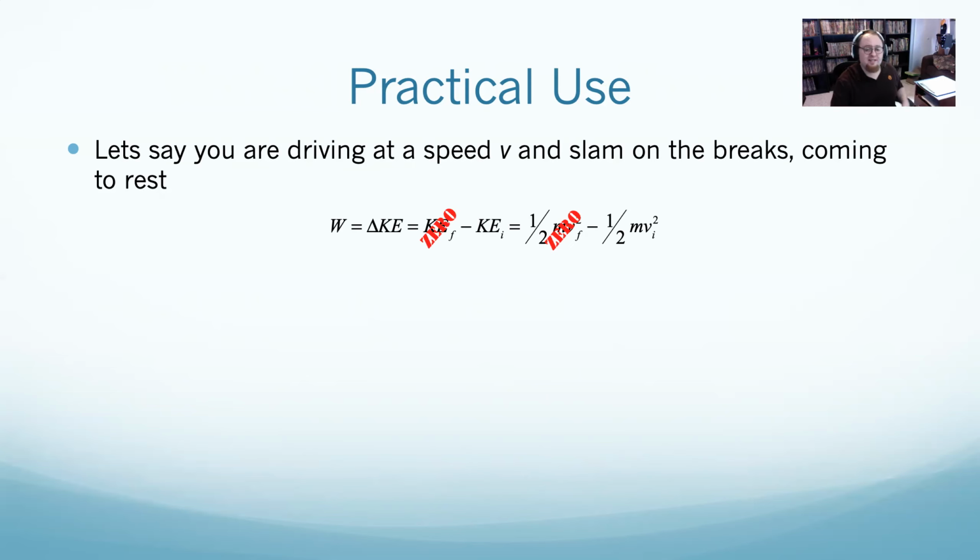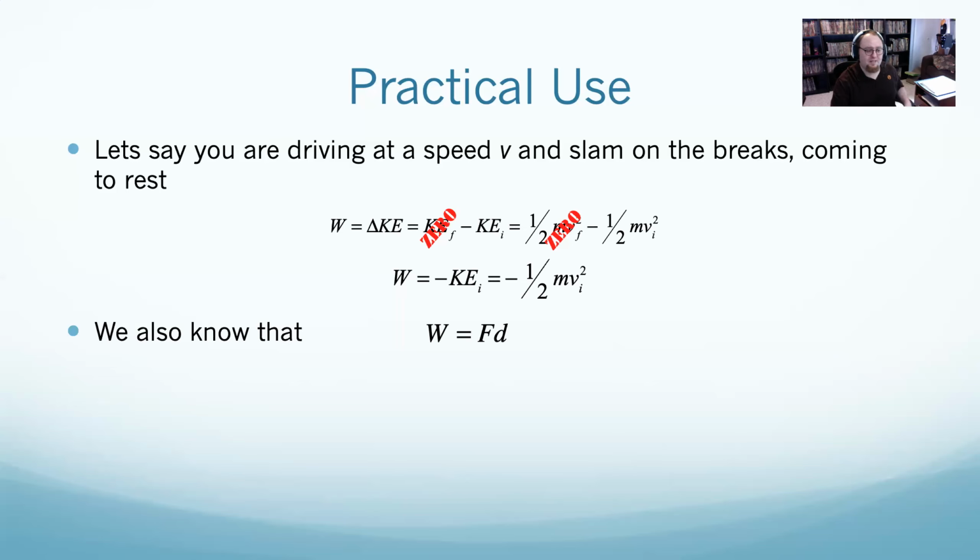And so the work you do will be negative KE, or negative 1/2 mv initial squared. Now keep in mind, work is force times displacement, which means force times displacement is 1/2 mv squared.